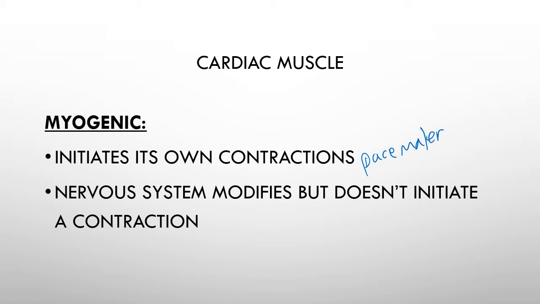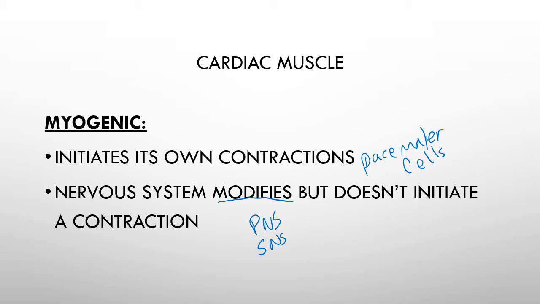And so those special pacemaker cells that are inside the muscle cell generate the input that's there. And then the nervous system, either our parasympathetic nervous system or our sympathetic nervous system, is going to modify the contraction.